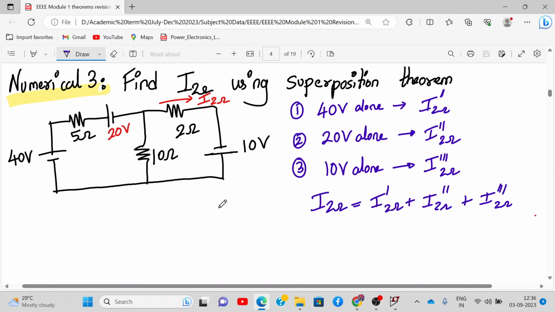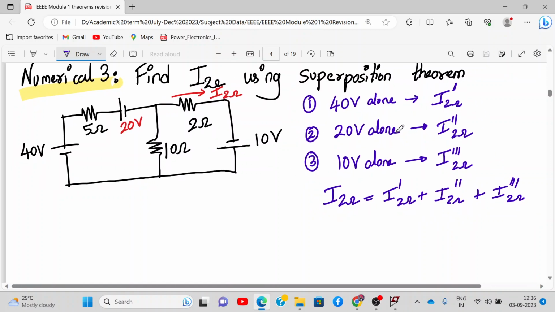Then we go to the 10-volt source. While doing that, 20 volt and 40 volt will be short circuited, deactivated. At a time only one source is active, and we find the current, which we call I2 triple dash. We add them together and say according to the superposition theorem, I2 ohm is I2 dash plus I2 double dash plus I2 triple dash. That is what the superposition theorem is.